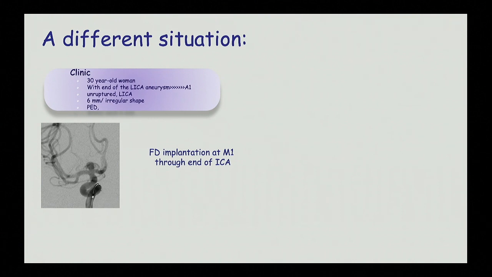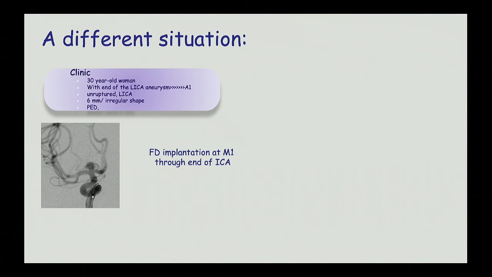But in this case, for example, this was a young patient with aneurysm at the end of the right internal carotid artery, and so the aneurysm is a little bit irregular.